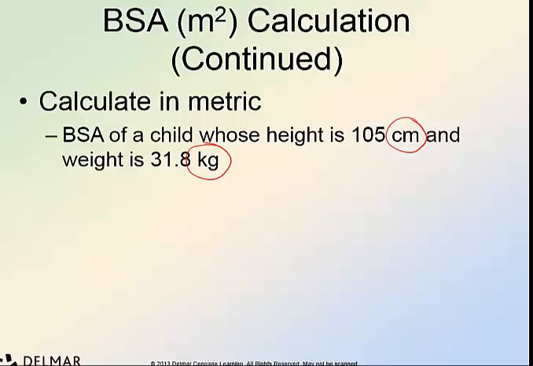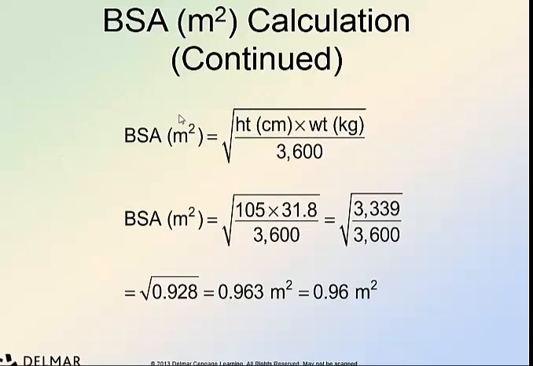So we use the formula that we have to have memorized: body surface area is the square root of the height in centimeters times the weight in kilograms divided by 3,600.